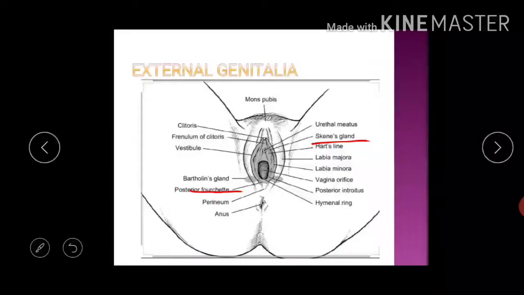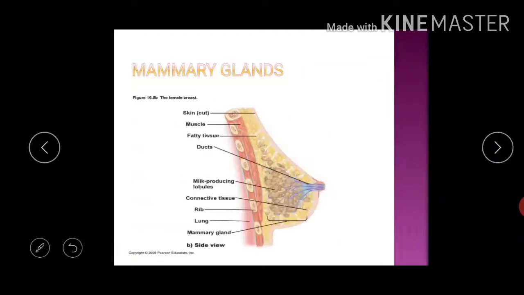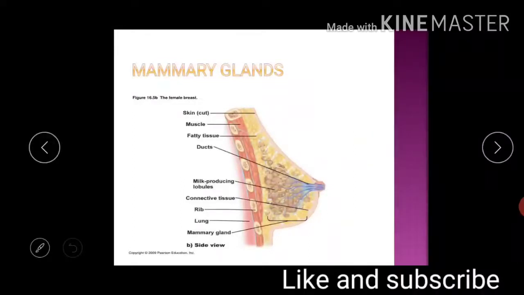Now, one more type of gland, also known as modified sweat glands, is the mammary glands. It is an accessory organ of the female reproductive system, important for the production and release of milk after parturition. The development of the mammary gland occurs at puberty under the influence of estrogen and progesterone.